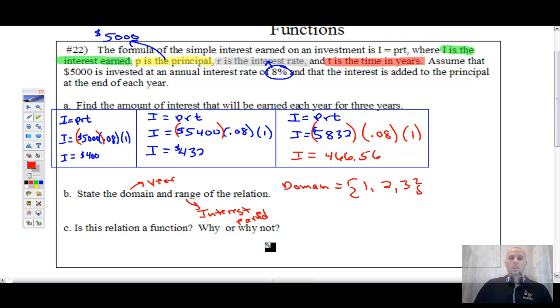Another way to do it would be to say the total money in the account could have been the range as well. If you did yours that way, it's not wrong because the directions aren't clear. So the range is $400, $432, $466.56.